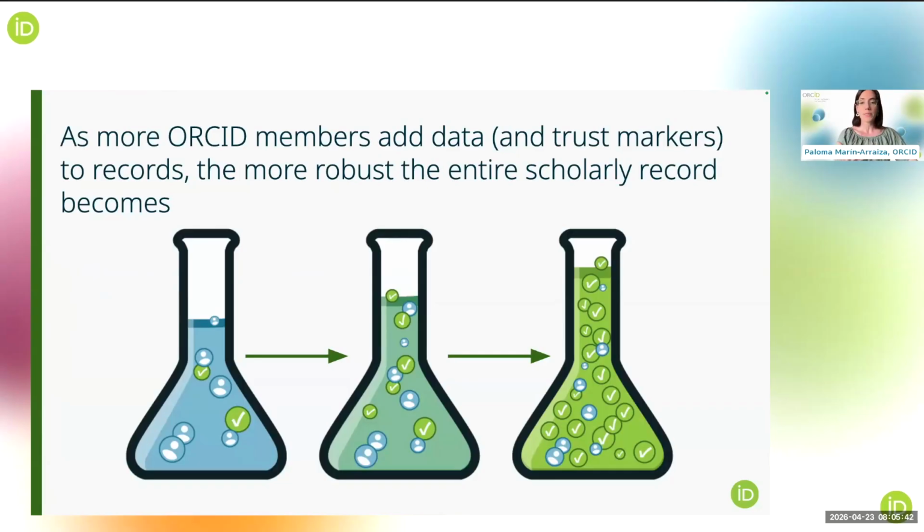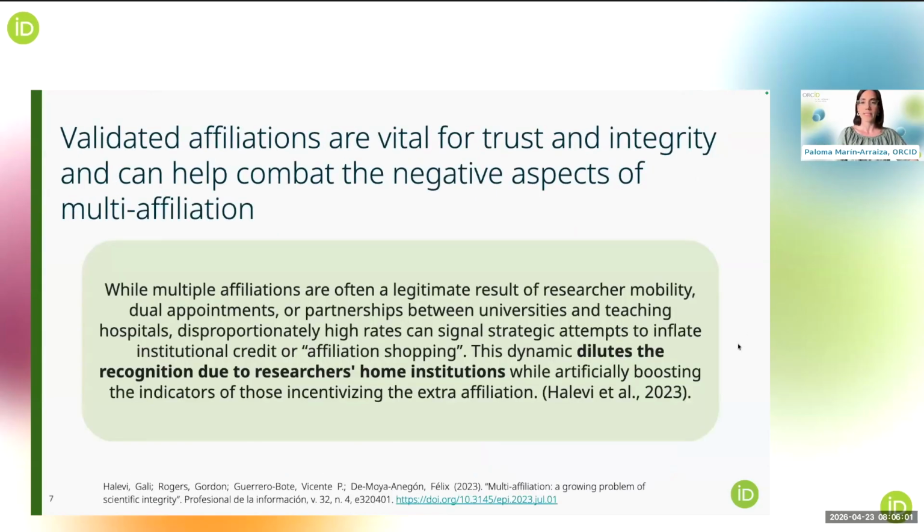And it is also important to know that ORCID's trust markers are, at the end of the day, a very important part of this balance between researcher control and data quality, because member organizations can add data with the same level of quality they would like to read that data.